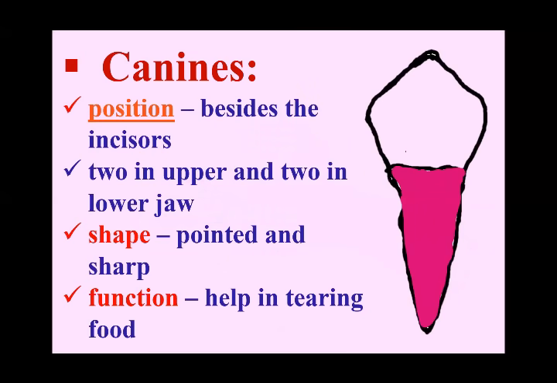Now the next permanent teeth are canines. The position of these canines is beside the incisors. Just beside the incisors, they are found. And their number is 2 in the upper jaw and 2 in the lower jaw.